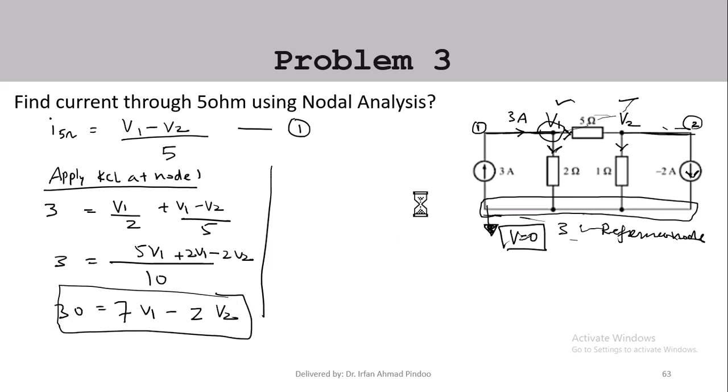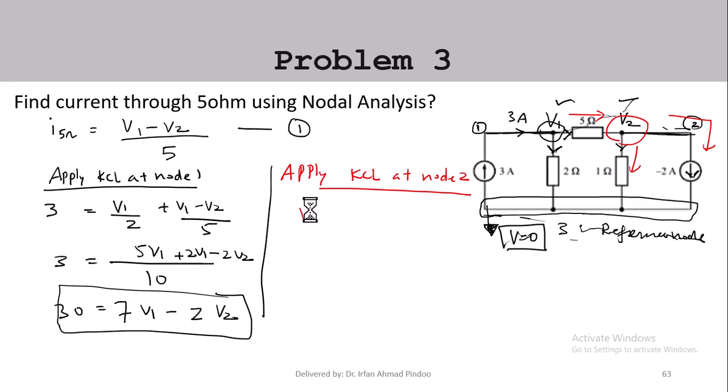Now similarly, students, we apply KCL at node 2. At this node 2, we again see the entering and leaving currents. This current has this direction, so it is entering, and the others are going like this, so they are leaving.